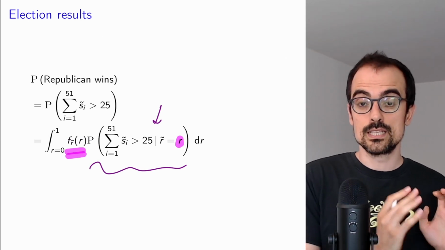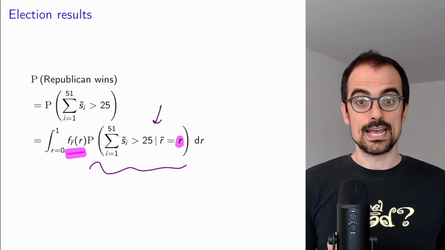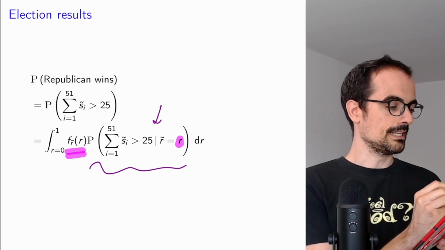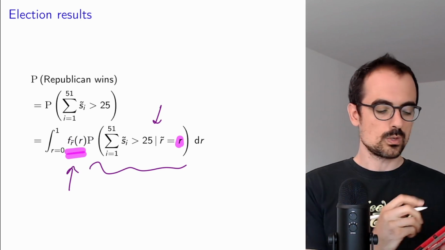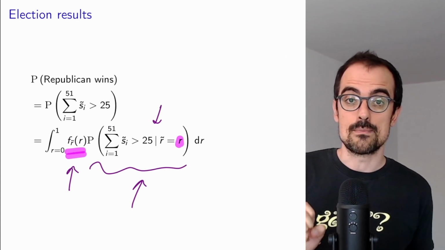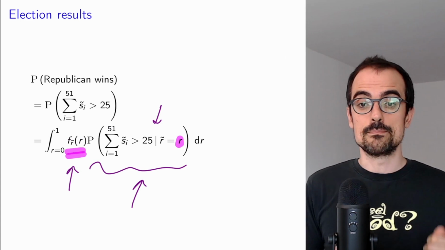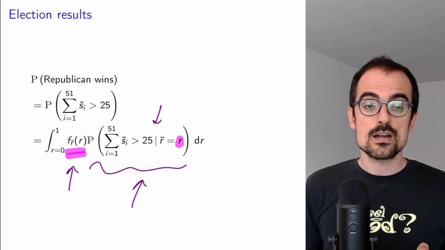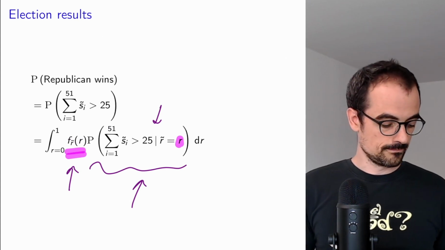This density is still 1 between 0 and 1, so we're going to end up with the following formula. The density is, just to be clear, 1 between 0 and 1. Now this, once we fix R, is indeed a binomial for that specific value of R, so we can plug in the PMF of the binomial there, summed from 26 to 51.